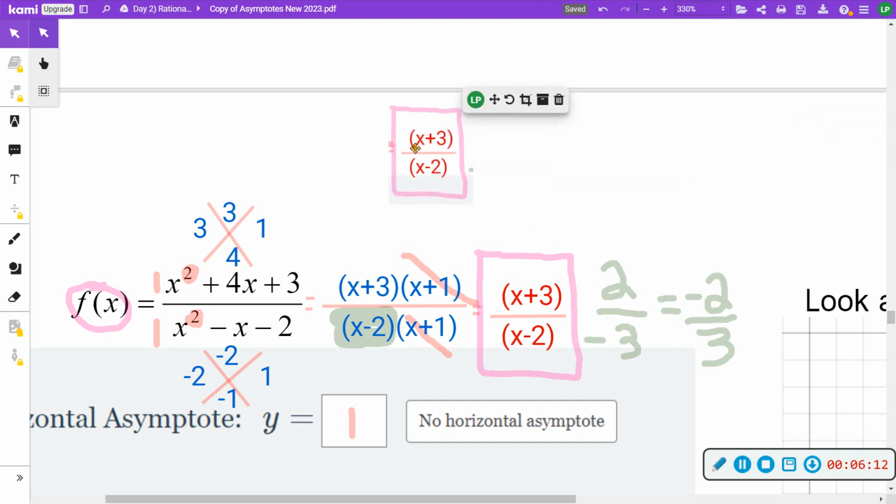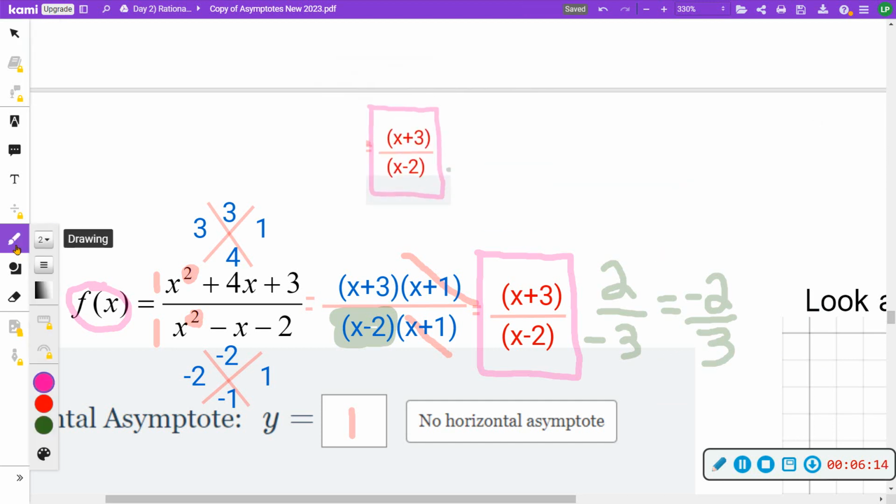When I set this equal to 0 and then cross multiply, 0 times anything makes 0. And when I take 1 times anything, I get the same thing back, so it's x plus 3.